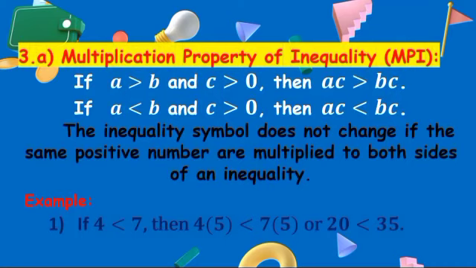The inequality symbol does not change if the same positive number is multiplied to both sides of an inequality. So, if A is greater than B and C is greater than 0, then A times C is greater than B times C. If A is less than B and C is greater than 0, then A times C is less than B times C.